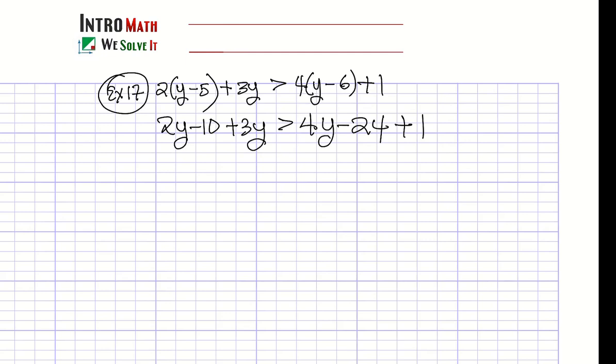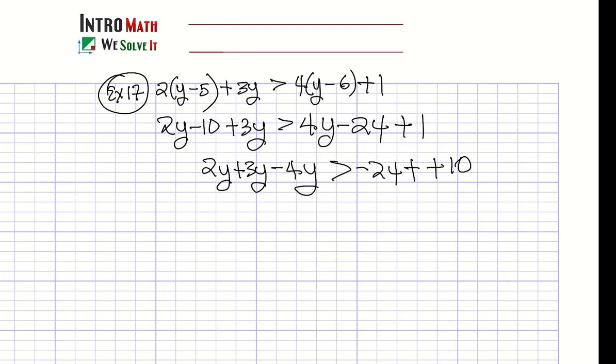So we keep moving on. We'll move variables to the left, move constants to the right. We'll have 2y plus 3y minus 4y greater than minus 24 plus 1 plus 10. You see, we brought the 10 from the left side. You see what we did? Look at it carefully. When you move things over, it changes sign, okay?